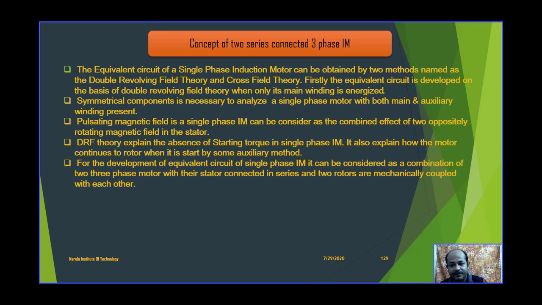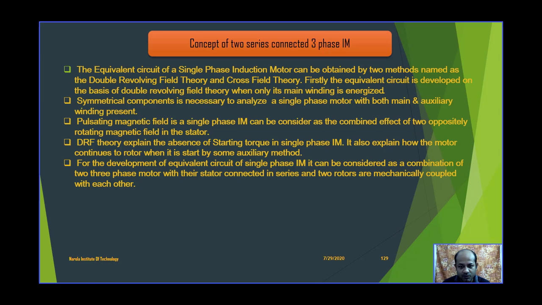Now, for the development of equivalent circuit, the single phase induction motor can be considered as a combination of three phase motors whose stators are connected in series and rotors are mechanically coupled.